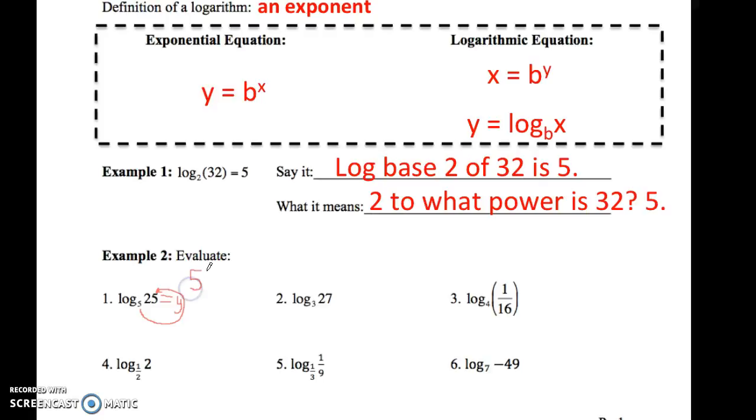So again, that's 5 to what power equals 25? Well, we know that is equal to 2. So the answer to number 1 would be 2.